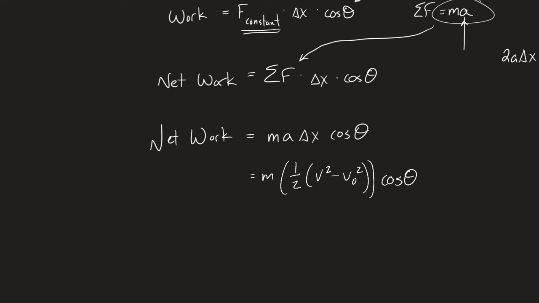Now, this has to be 0 degrees. Once I do that substitution, that has to be true. The net force has to be in the direction of the acceleration, and therefore the acceleration has to be in the direction of the change in velocities. So that can only occur when that's 0 degrees.